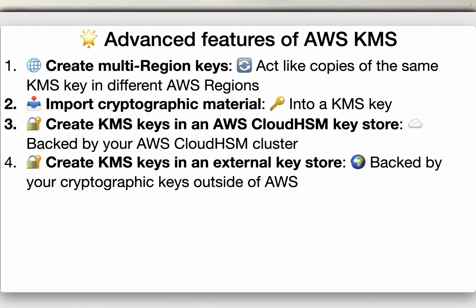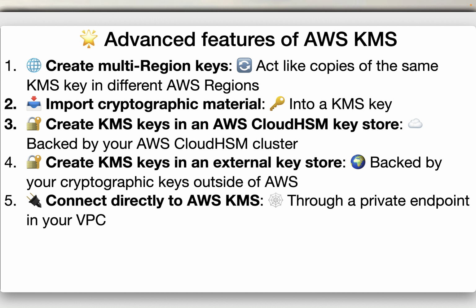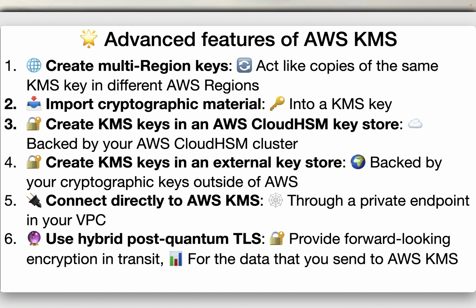Create KMS keys in an external key store backed by your cryptographic keys outside of AWS. Connect directly to AWS KMS through a private endpoint in your VPC. Use hybrid post-quantum TLS to provide forward-looking encryption in transit for the data that you send to AWS KMS.